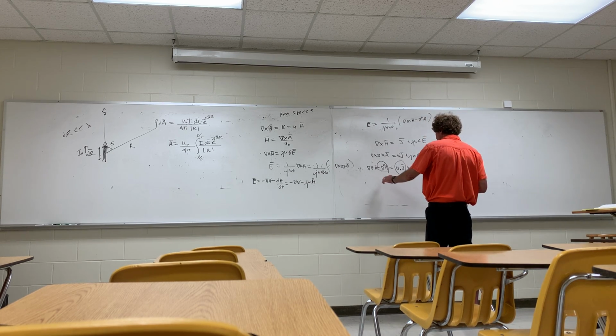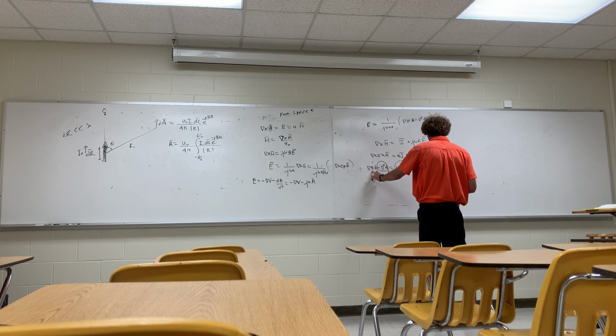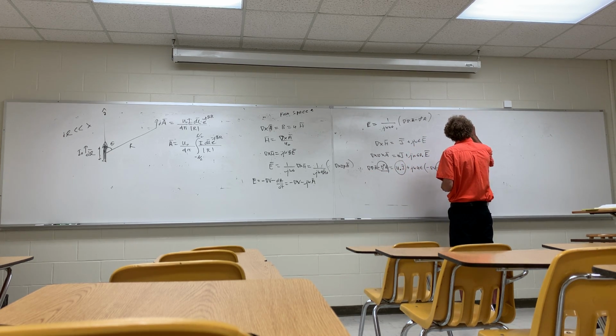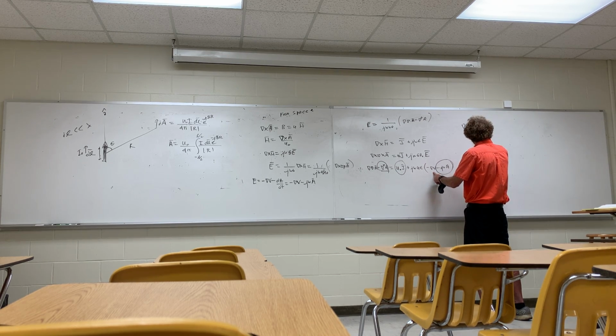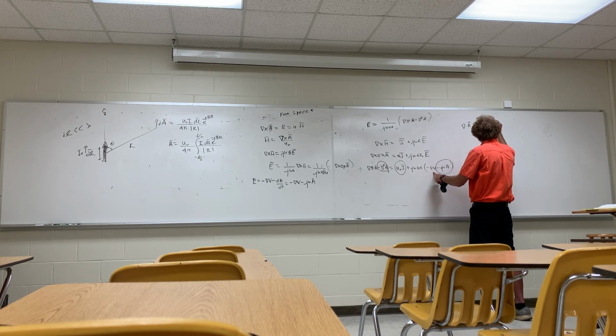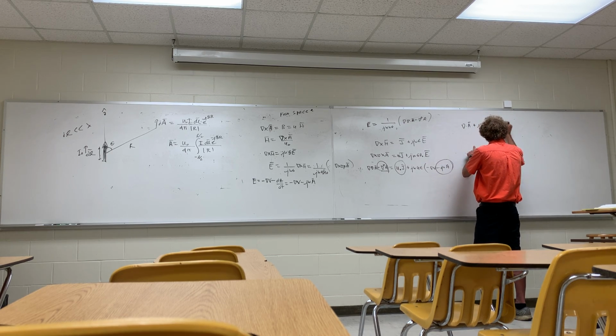What it boils down to is you're going to have the divergence of A right here, plus j omega mu times epsilon times V equal to 0.